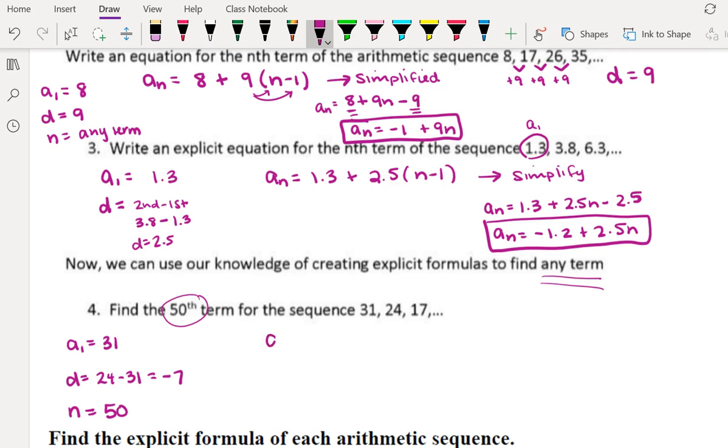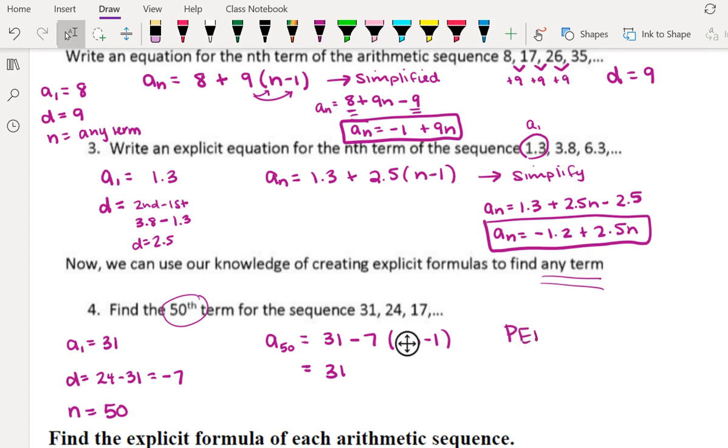So I would say that a sub 50 is equal to 31 plus negative 7, and actually I'm going to erase that. I'm going to make that 31 minus 7 times 50 minus 1.